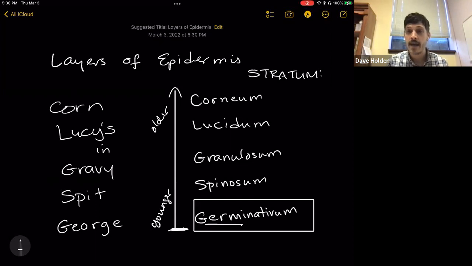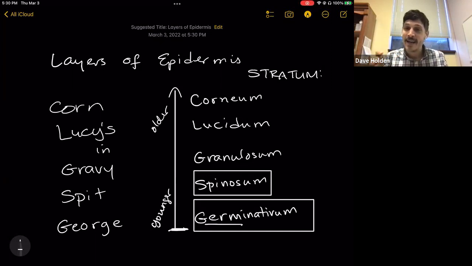When we produce a baby, the baby comes out and gets pushed down. The mother cell gets pushed up into the next layer. We're starting to get a little bit older. And we know that we start to get a little older, we start to get a little more cranky. This is the spiny layer because the cells are starting to develop little spines. It's just because of the way they look.